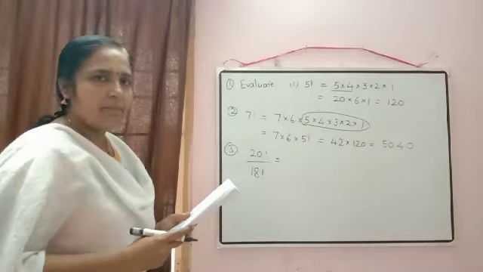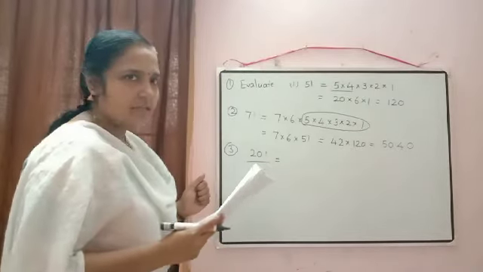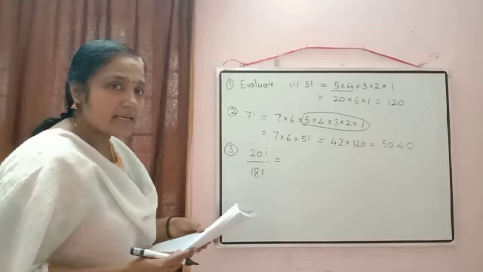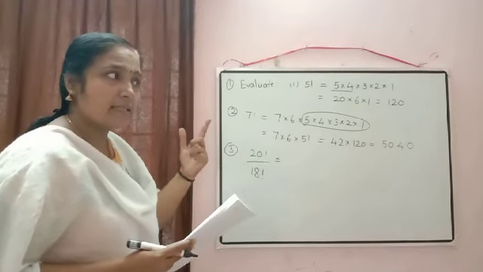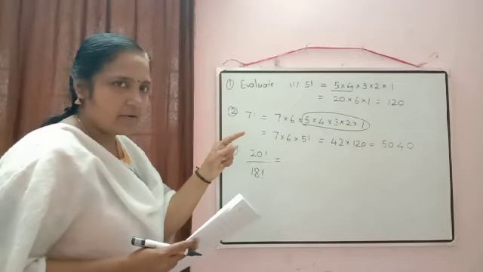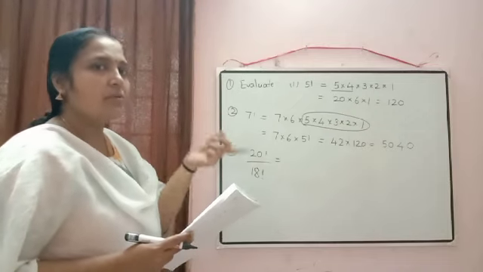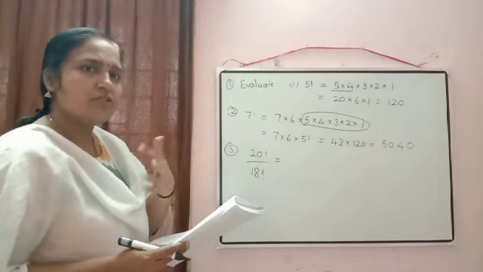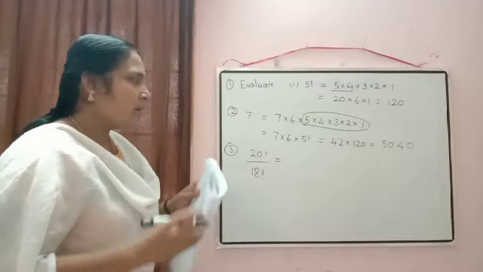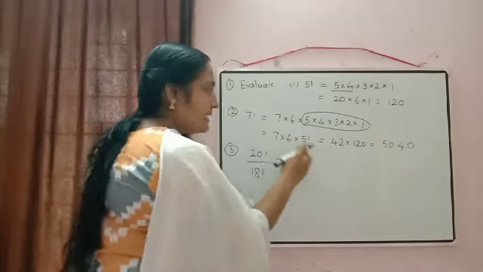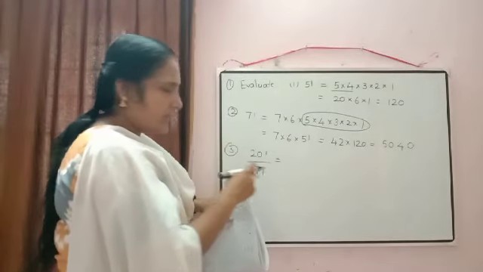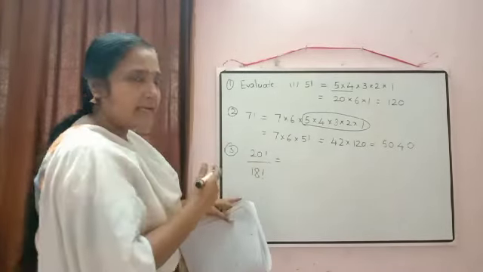Okay. Now write down the third question: evaluate 20 factorial by 18 factorial. In this one, just check which number is greater. 20 is greater. So we are going to use the concept: n factorial can be written as n into (n minus 1) into (n minus 2) factorial. So we will rewrite it that way till we get 18 factorial in the numerator, so that 18 factorial will get cancelled.